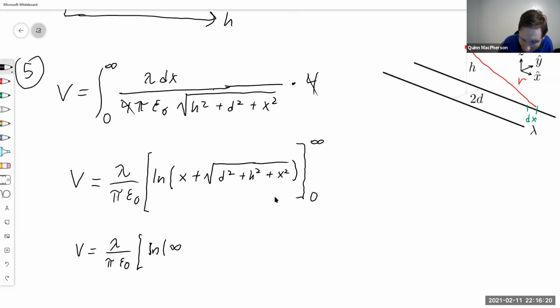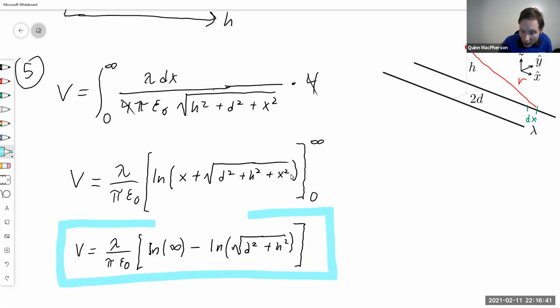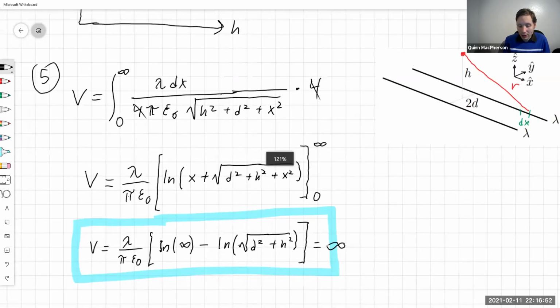Natural log of infinity minus natural log of... when I stick x in as 0, this is 0 here, this is 0 there, I get the square root of d squared plus h squared, which, if you check, is identical to the answer we found up above. So that is the other way to calculate the potential. It also gives you infinity, technically. Okay, so that is how you solve this problem. Good luck with the rest of the homework.